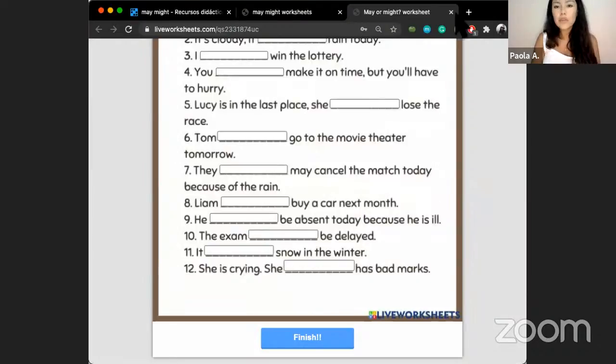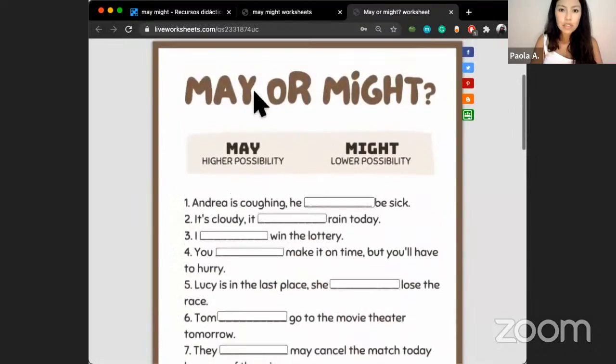The only way that we can find the difference between one and another is the context. Try to understand the context. It's going to help us recognize if it's one or another. Well, in here, may, higher possibility, might, lower possibility. Basically, that sums up everything. Sums is like summary, it's summarizing everything.